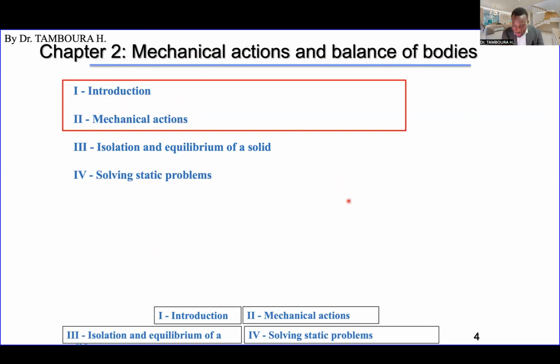Okay, mechanical actions means just like forces we see every day around us in our daily life, and we'll try to define them and try to represent them, how to represent force in a problem, civil engineering problems.